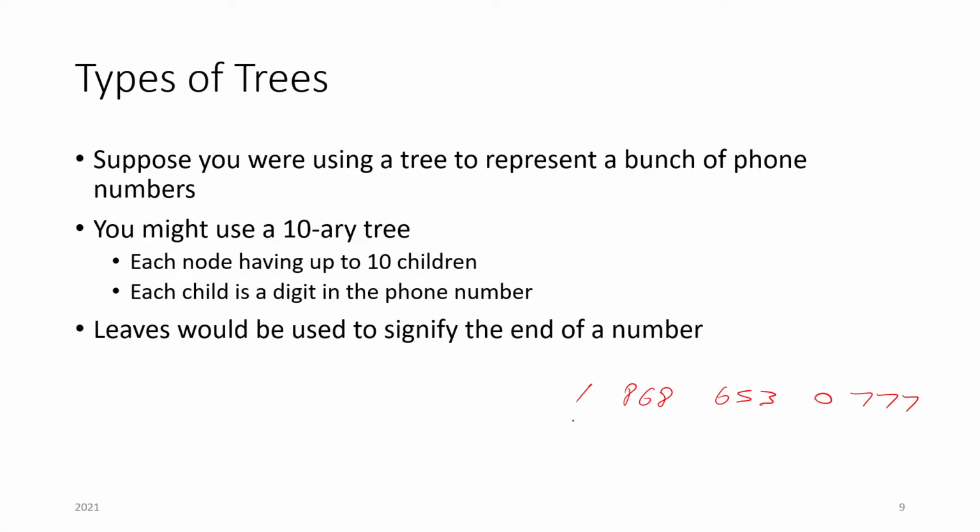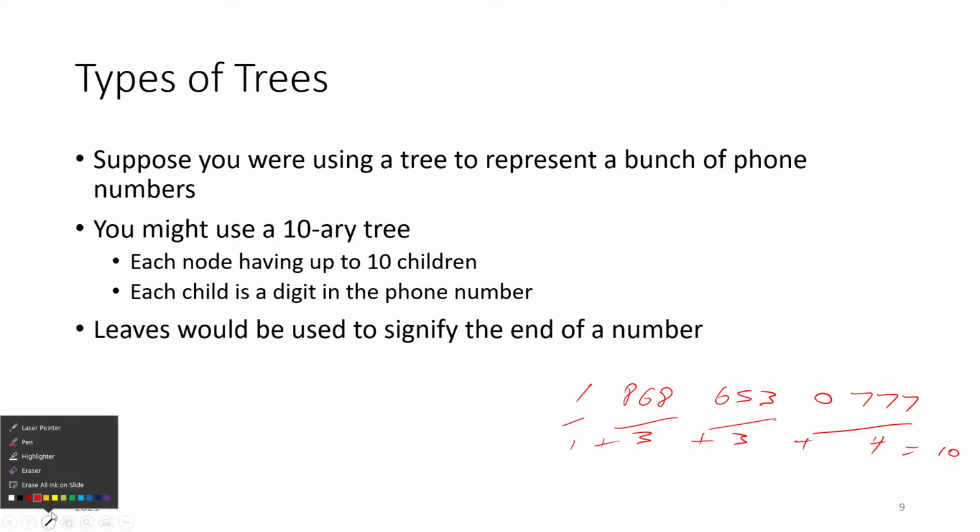What we can see here is that this is 1 digit, this is 3 digits, this is 3 digits, and this is 4. If we add them together, that gives 10 digits, right? So any international number that you dial will have 10 digits regardless, with the exclusion of any weird international codes. Some cases might have 11 digits and so forth, but we're going to be ignoring those for the time being.